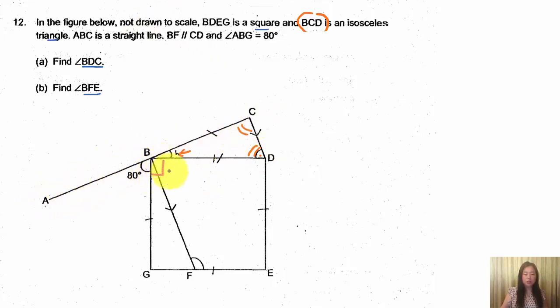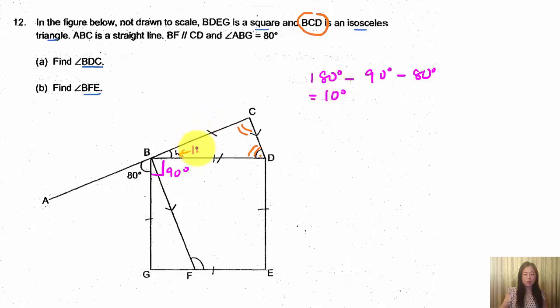This is 90 degrees. So 180 degrees minus 90 degrees minus 80 degrees is equal to the angle here, and it is 10 degrees.